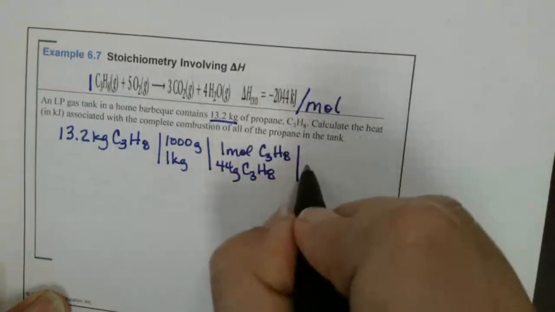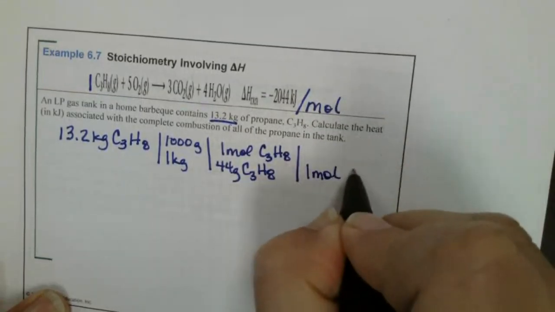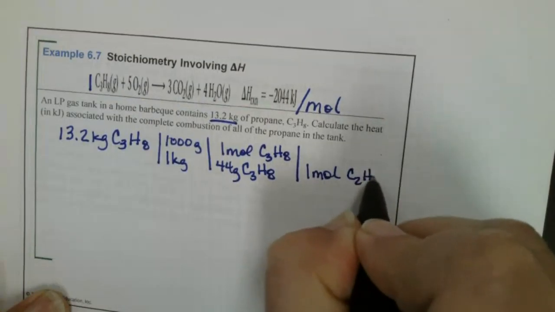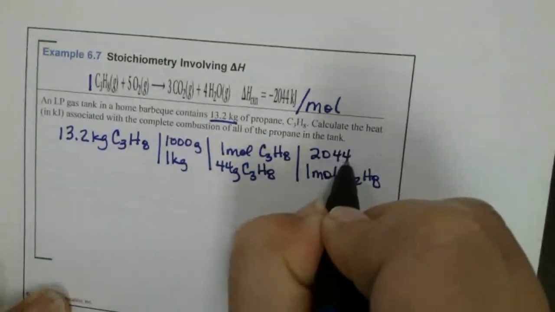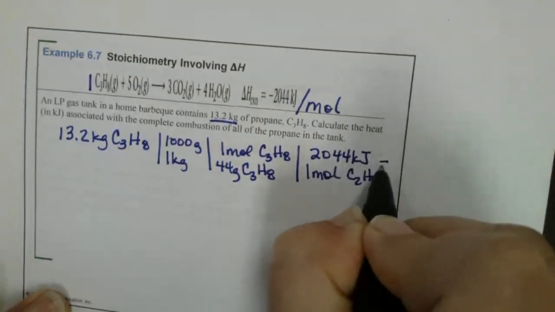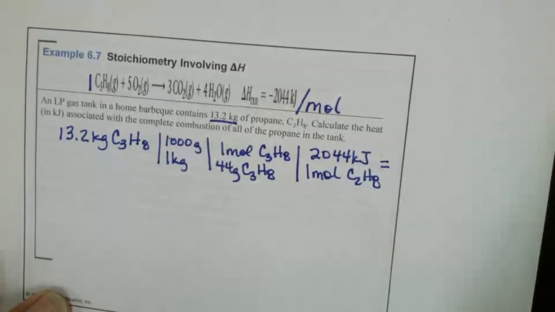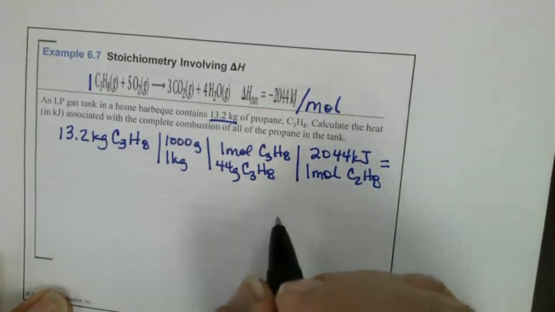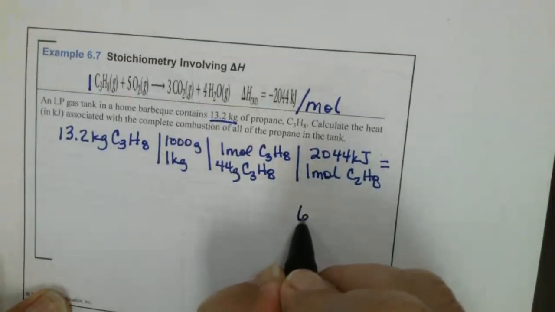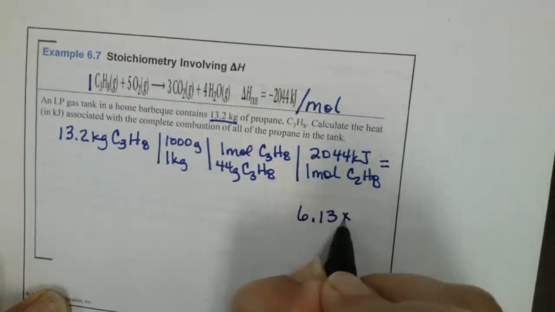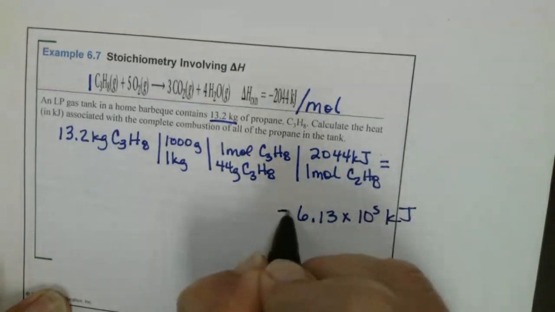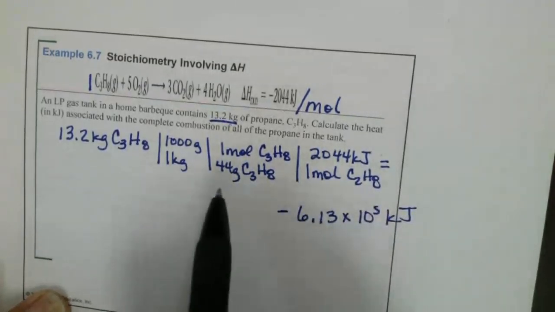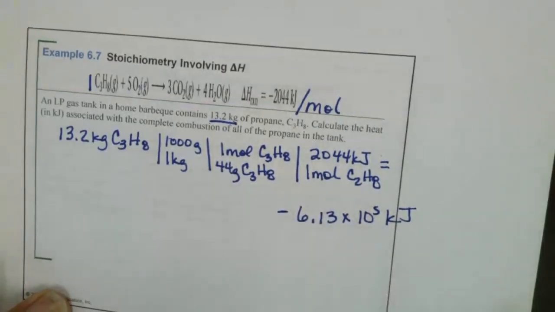And based on this value, 1 mole of C3H8 will give me 2,044 kilojoules of energy. So that is going to release 6.13 times 10 to the 5th kilojoules. And that will be negative because that's how much is being released.